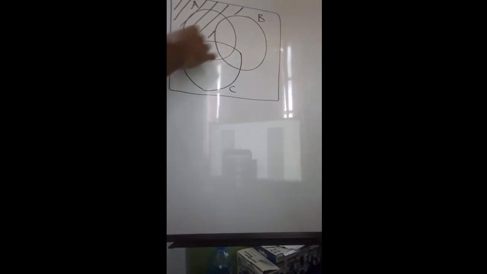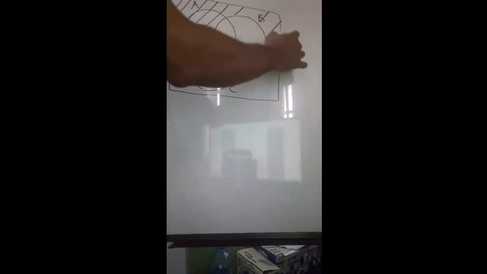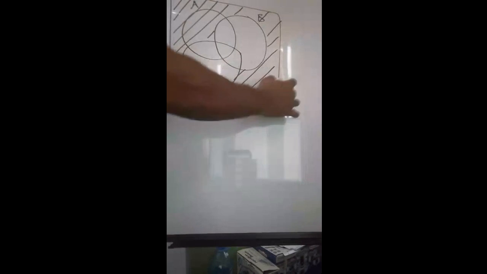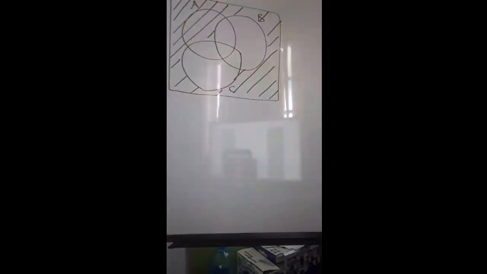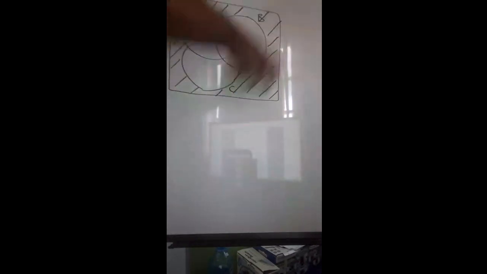Everything outside B and C. All right, so this is what the first one is saying. It is the union of B and C, which is, make sure this looks clear, lines out there. As you can see, nothing in B and C is shaded right here, including the A portion here. So the complement of the union, if we unite sets B and C and take the complement of that, is everything outside.